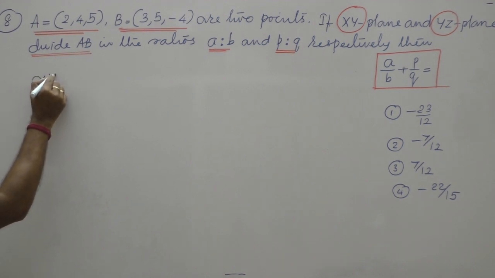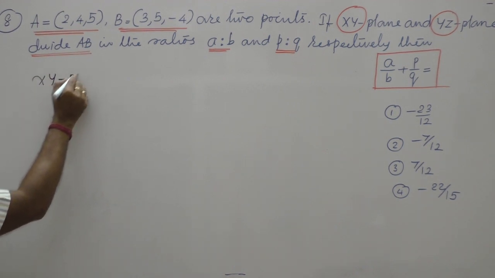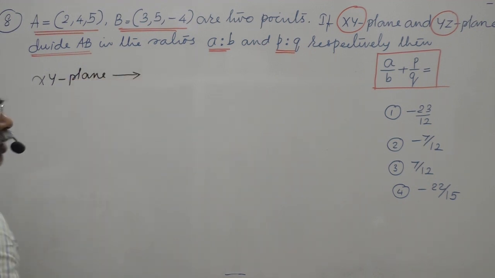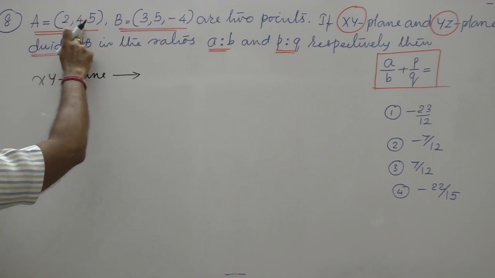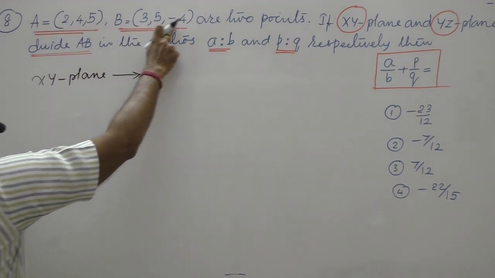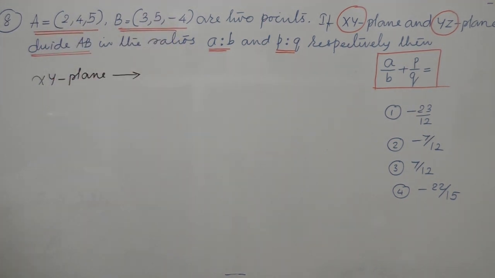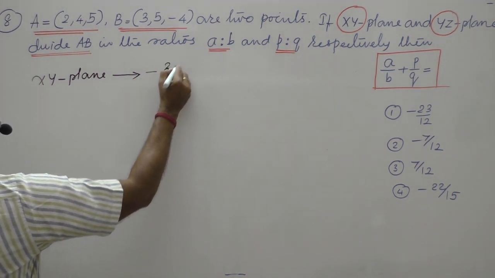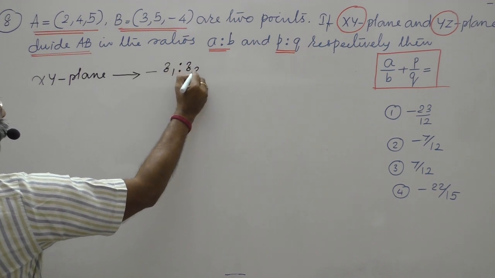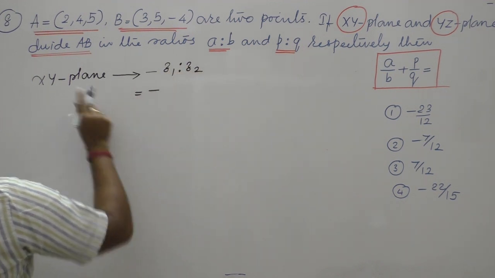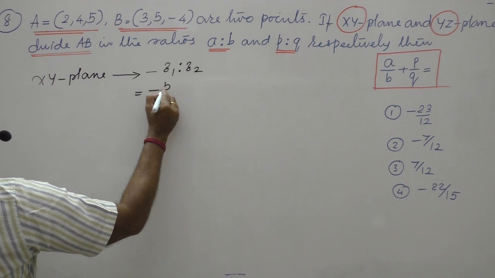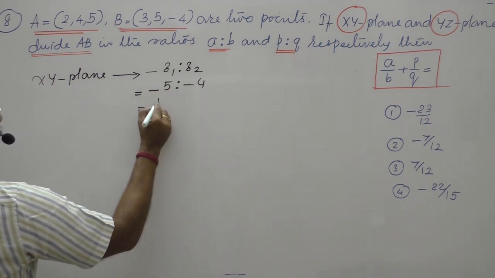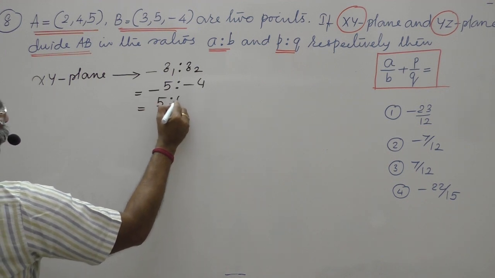We have a formula for this. If the XY plane divides a line segment joining (x1, y1, z1) and (x2, y2, z2), generally that will divide in the ratio minus z1 is to z2. So in the problem, minus of what is z1? 5. z2 is minus 4. That means it is 5 is to 4.